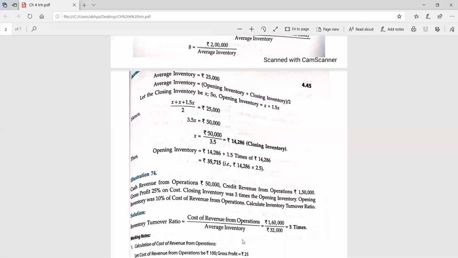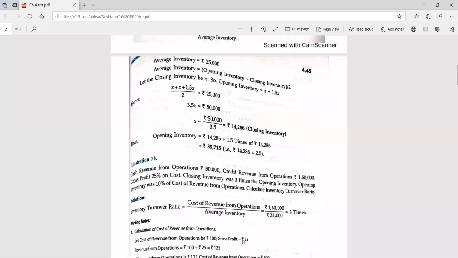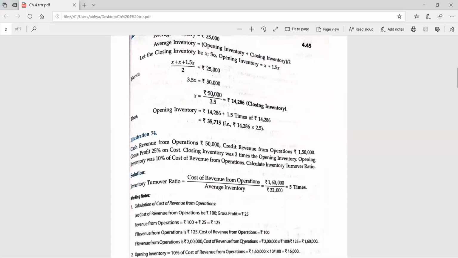So credit revenue from operations 1,50,000. Cash revenue is 50,000. So by adding these two, find out the total RFO, which is 2 lakh. 50,000 is cash and 150 is credit. So the total is 2 lakh. Now GP is 25% on cost. In yesterday's class, I told you when RFO is given and GP is given on cost, so cost will be added in 100 to find out the cost of RFO.